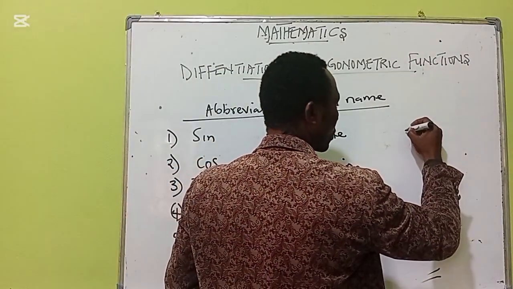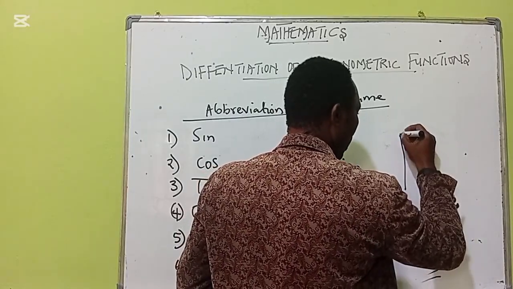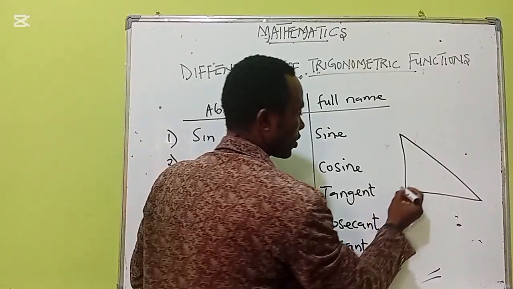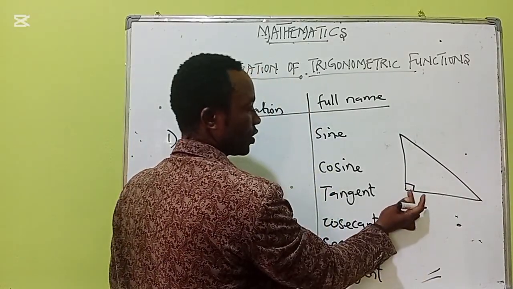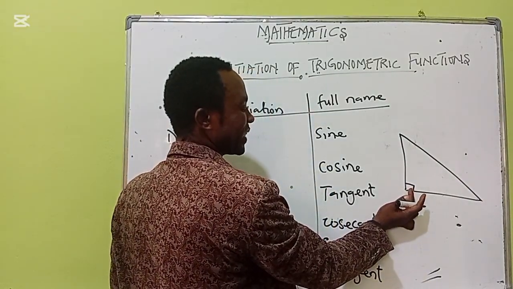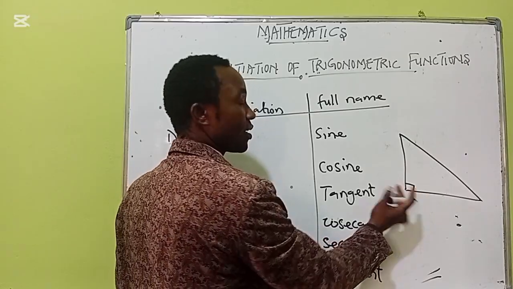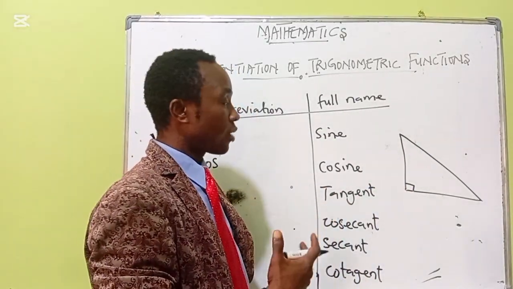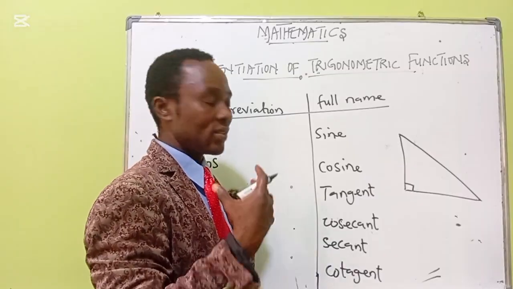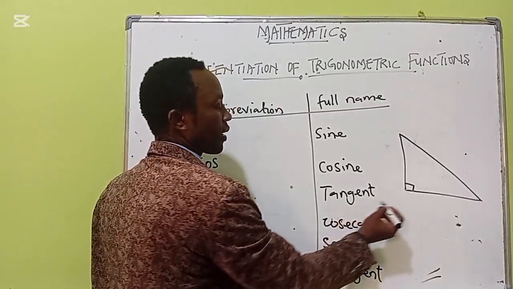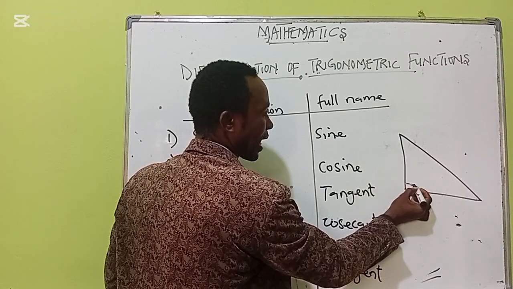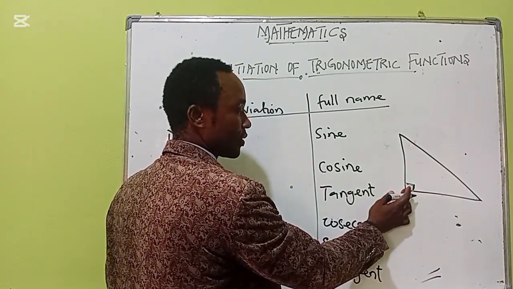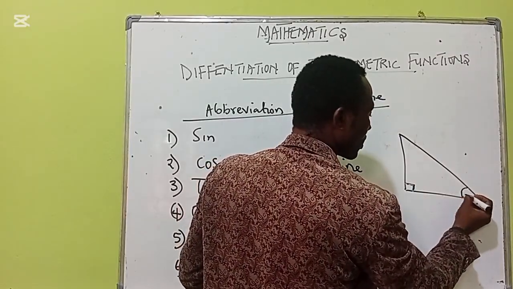If I draw a right angle triangle, it is something like this. This is the right angle, meaning 90 degrees. When I say right angle triangle, I mean a triangle in which one of the angles is 90 degrees. In mathematics, once you put an angle mark this way, it simply means the angle is 90 degrees.